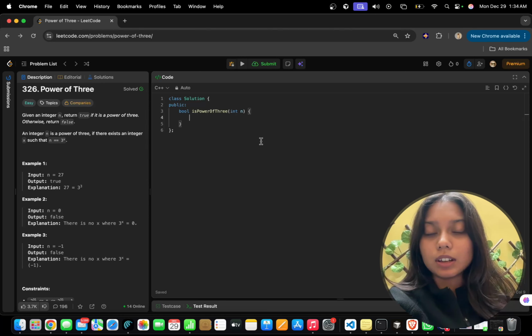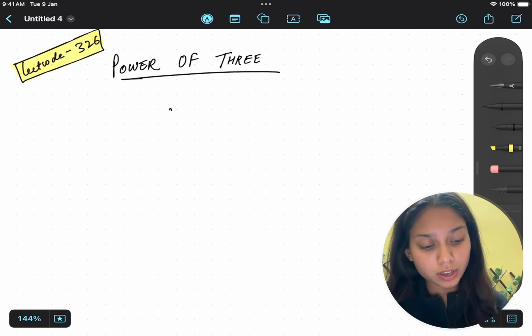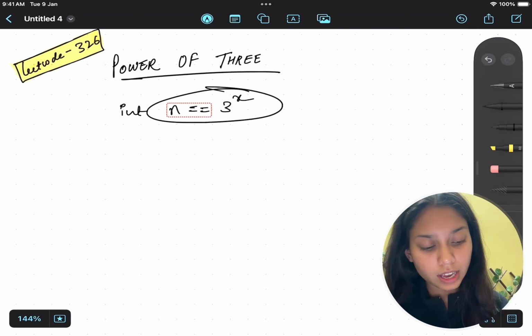So let's begin. Here we are given an integer n, which is said to have the value such that 3 raised to some x gives n.